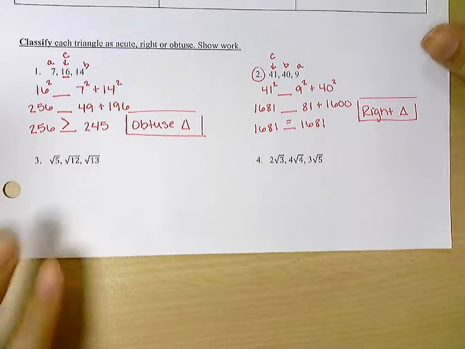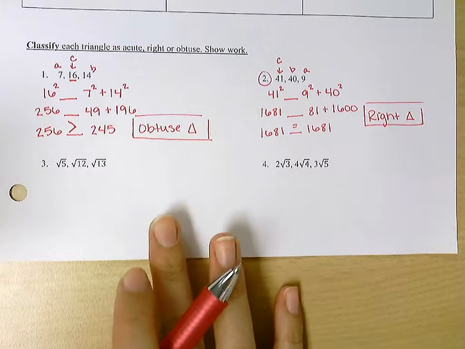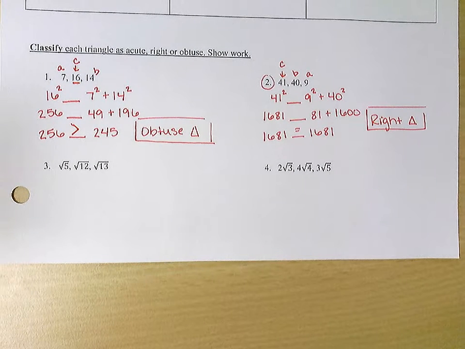All right, so looking at number 3. Number 3 has radical symbols in it. Okay, those are those square root symbols. So we're going to kind of look at this the same.